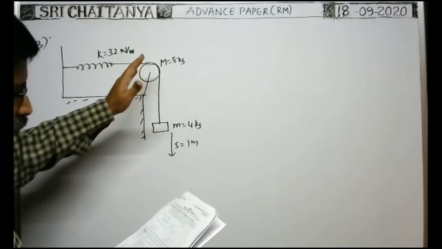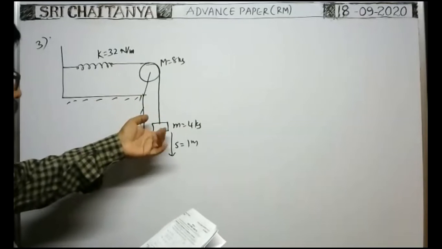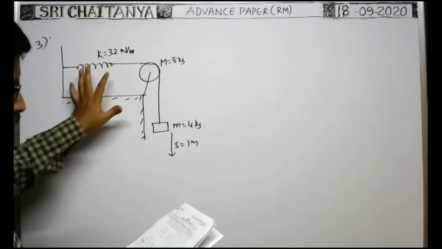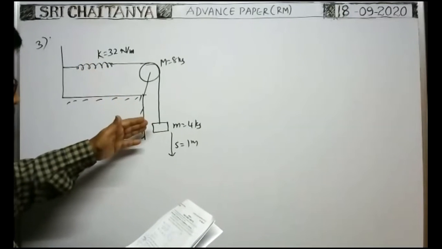The system starts from rest with the spring unstretched, and at the instant the block is released, the spring is in unstretched condition. Find the speed of the block after it falls through a distance of 1 meter.